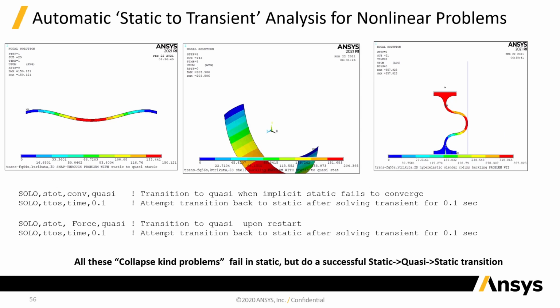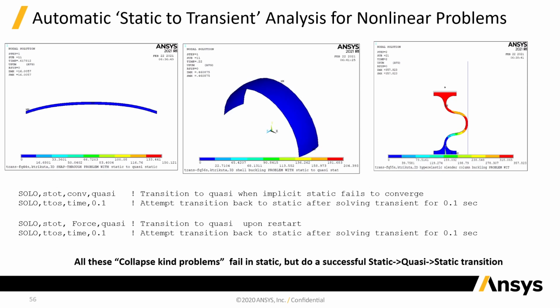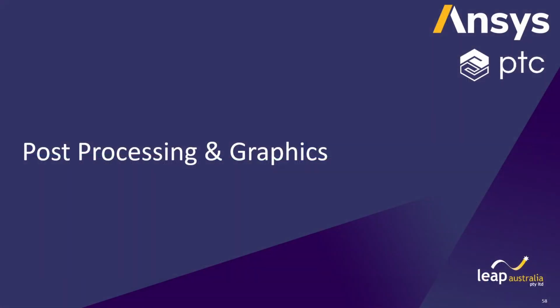So you just use the dynamic solution to basically get through your instability and then switch back automatically to the static solver again. So that can definitely help you with these type of problems.